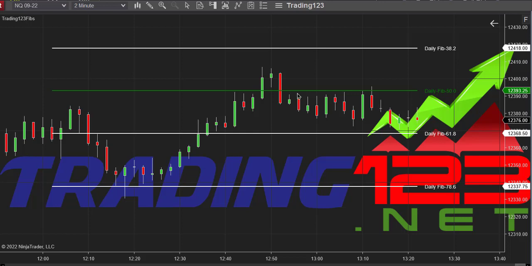And then as you see here, once it loses this level, the daily fib, the price is heading down towards the 61.8, but this is during lunchtime, so this would have been your big reversal play of the day where you would have the most potential profit.